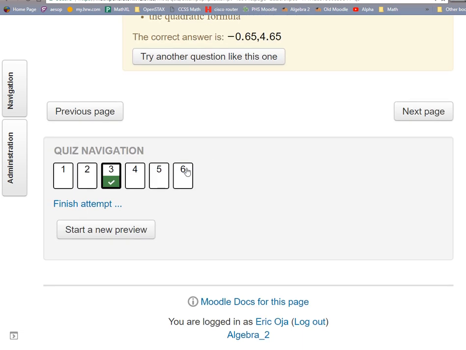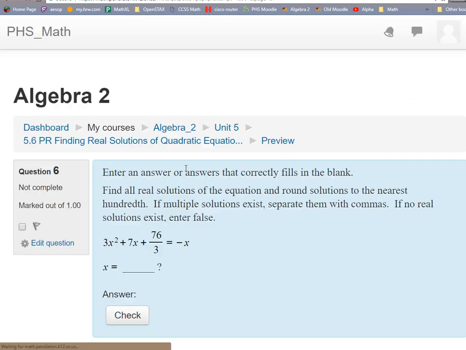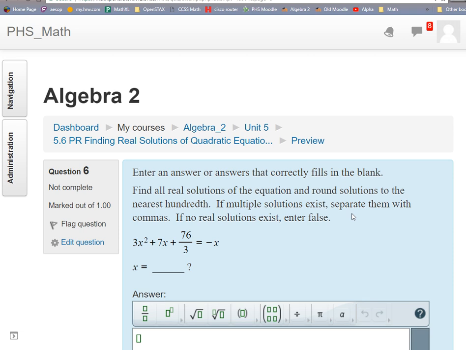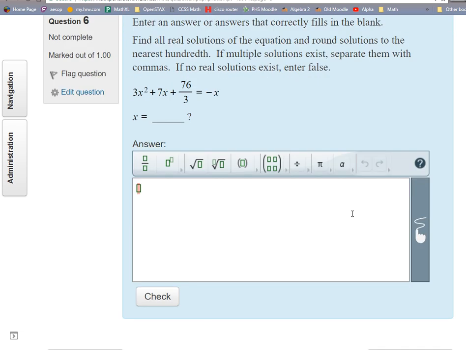Let's go down and try a hard one. So that's got fractions, yikes. But what am I going to do? All I've got to do to put that all on one side is add x to the left side, right?